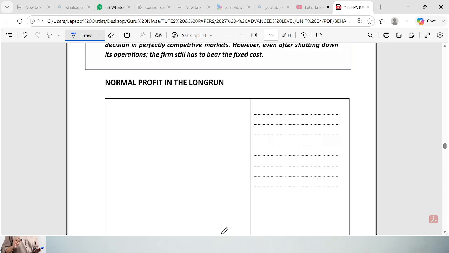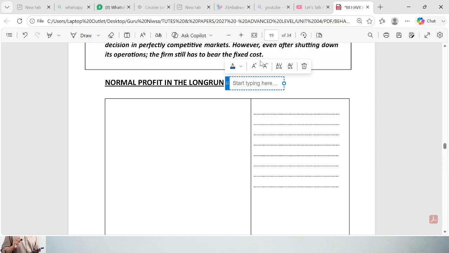Right. So remember, normal profit. When the firm earns normal profit, the price of the product equals average total cost.